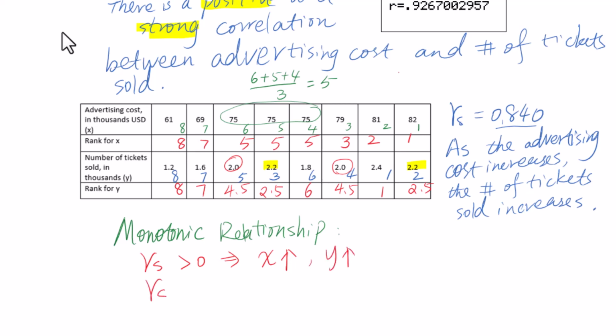If the correlation coefficient is less than 0, then as x increases, y decreases. Since the rank correlation coefficient for this problem is 0.840, it's positive. As the advertising cost increases, the number of tickets sold increases.